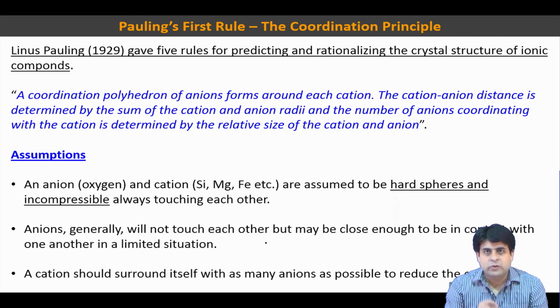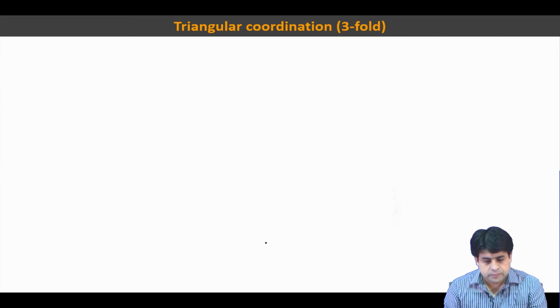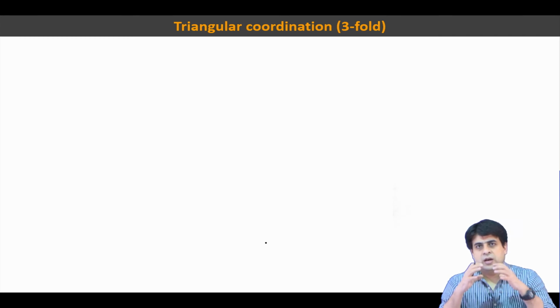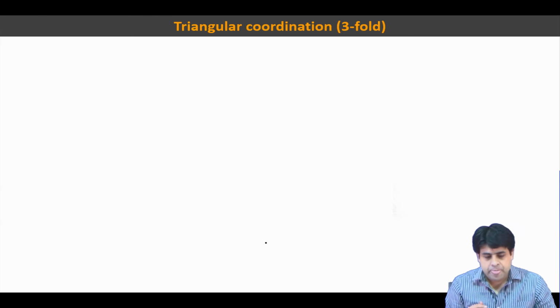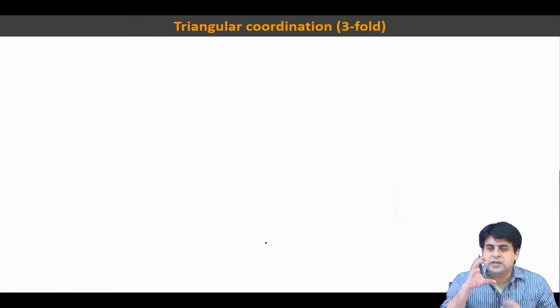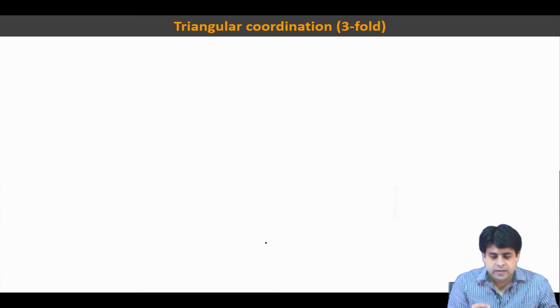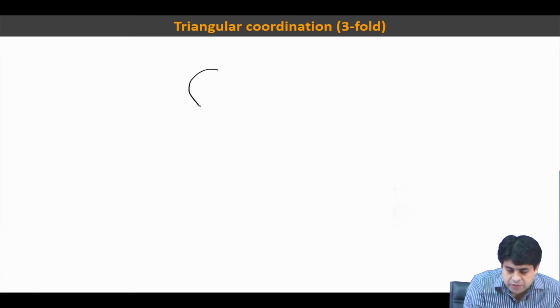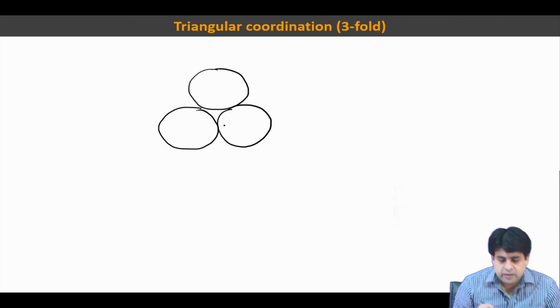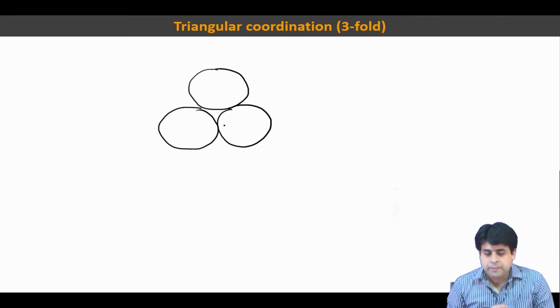Okay. So, we have three different assumptions, and if you see the first situation, suppose you have spheres of oxygen, three oxygen atoms, and these oxygen atoms are hard spheres, perfectly spherical in shape.